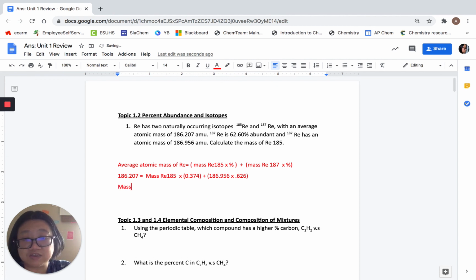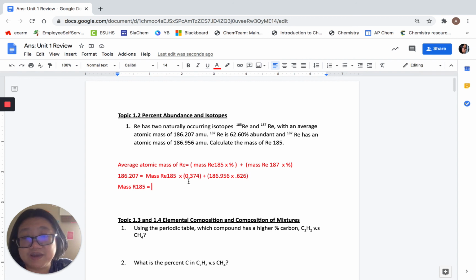Okay, so then what you just need to do is math manipulations. I hope you know how to do math manipulations. So I'm just going to go ahead and do that. I'm going to multiply, subtract it from this, and then divide it by that. So 186.207 minus 186.956 times 0.626, and we're going to divide it by 0.374.